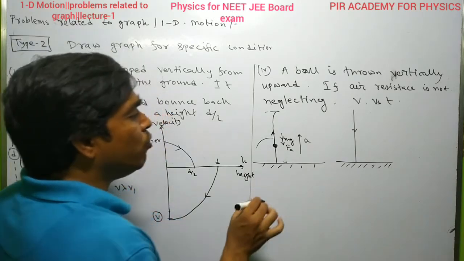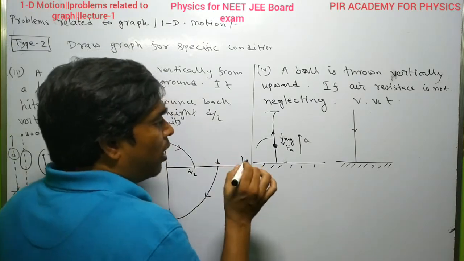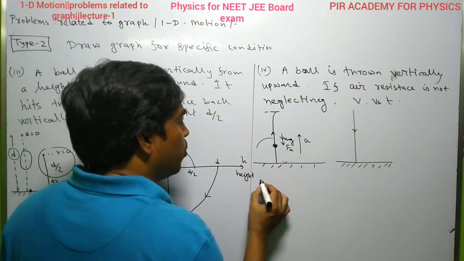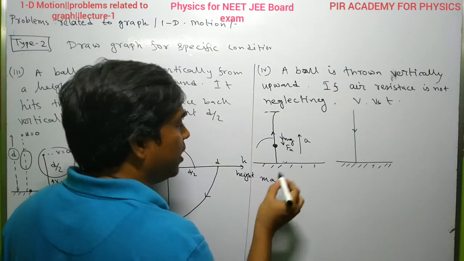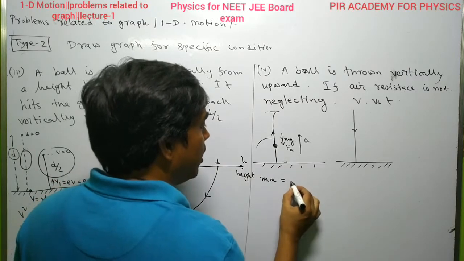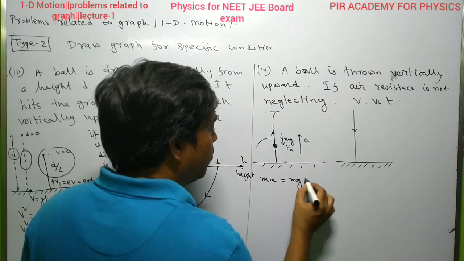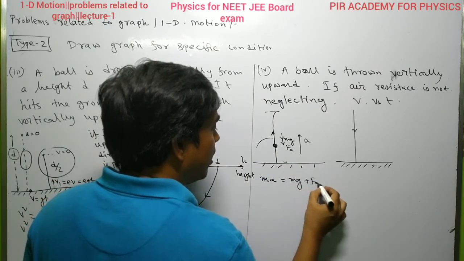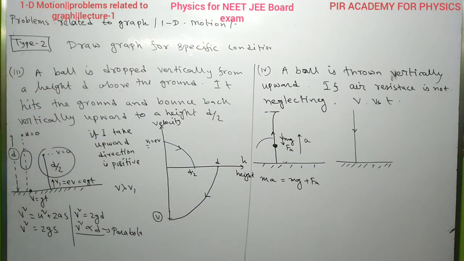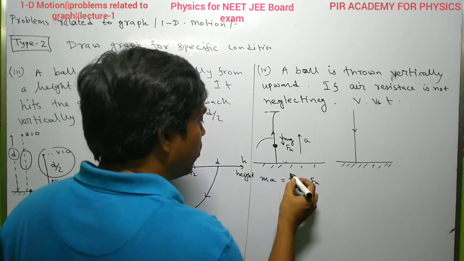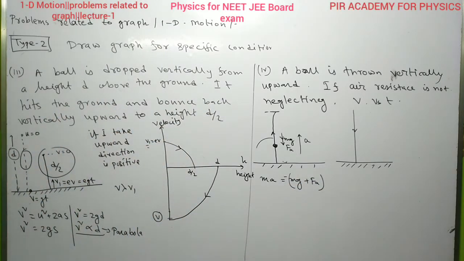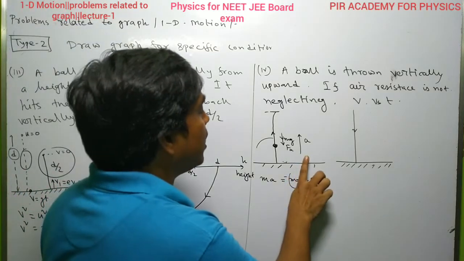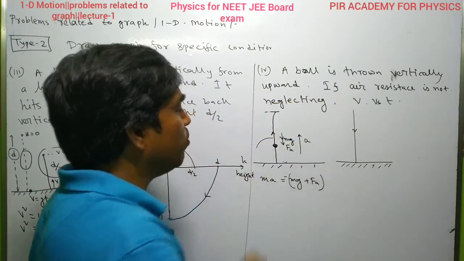If I use Newton's law, total mass times acceleration must equal mg plus fa, and both will be negative because this is the direction opposite to these two forces.